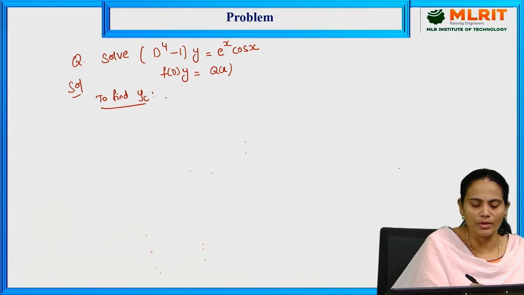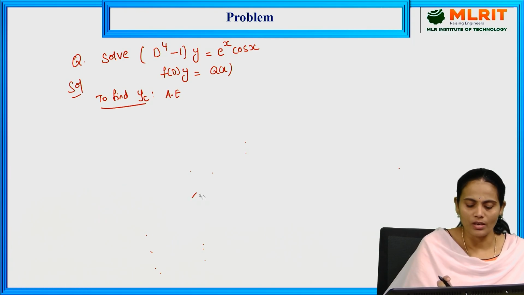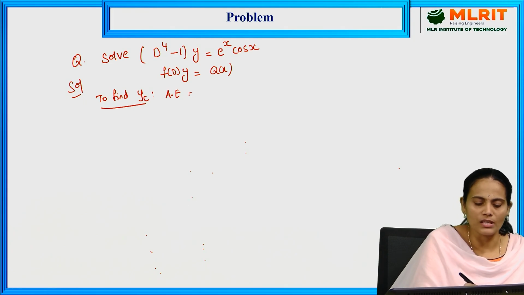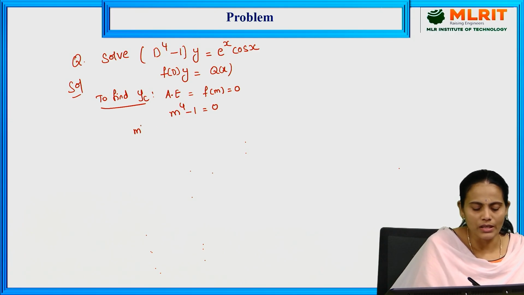To find the complementary function, we take the auxiliary equation f of m equal to 0. We know f of D is D power 4 minus 1, so replacing D by m, m power 4 minus 1 equal to 0. This can be taken as m square whole square minus 1 square whole square.